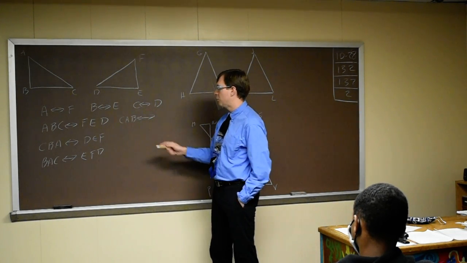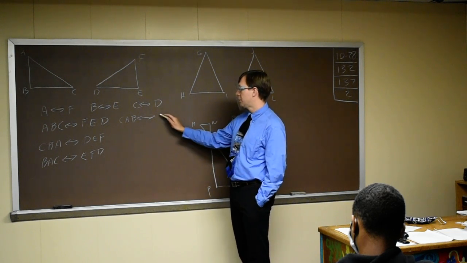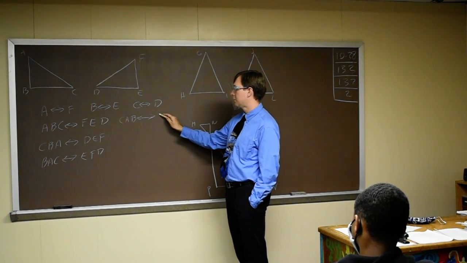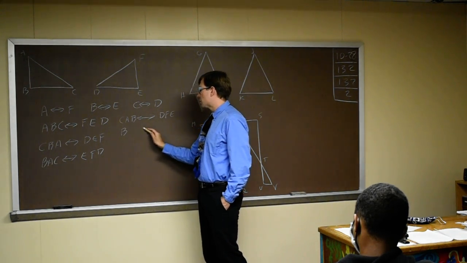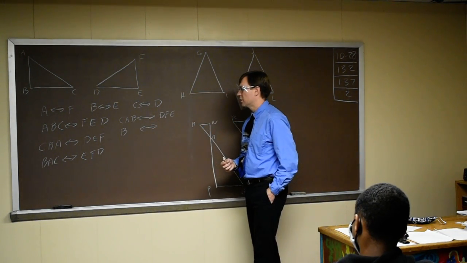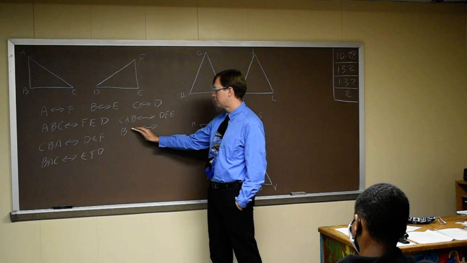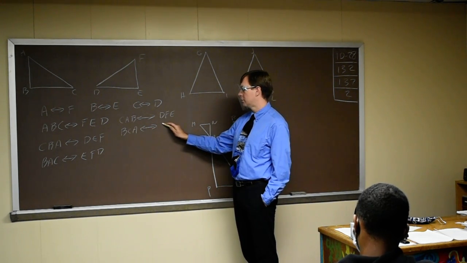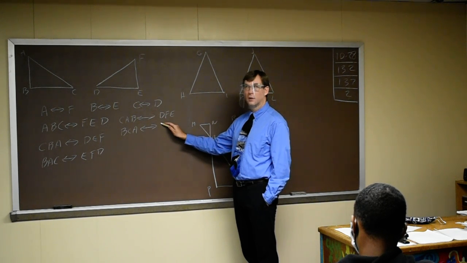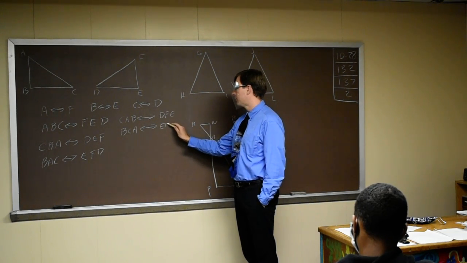CAB is new. If we go CAB, DFE. DFE is true. There's another one that starts with B, a new one that starts with B. BCA is true. BCA's partner, EDF.